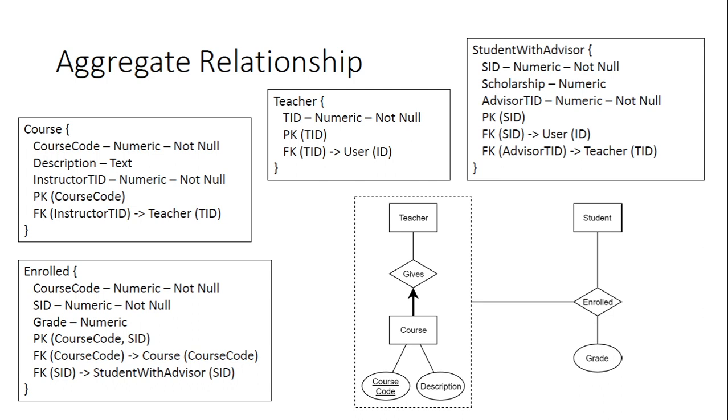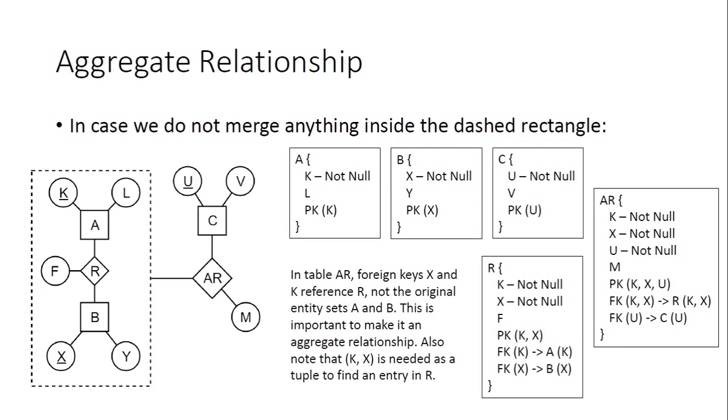So this is an example where we merge the relationship with the entity set inside the dashed rectangle. But most of the time that's not the case. So we also have an example for an aggregate relationship in the case that we do not merge anything inside the dashed rectangle.